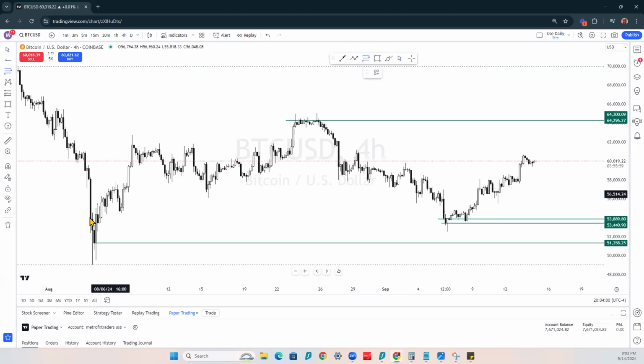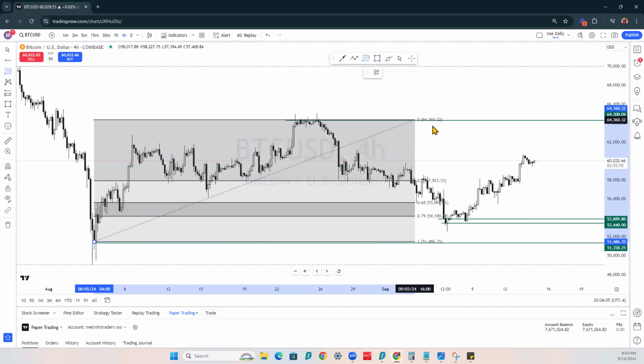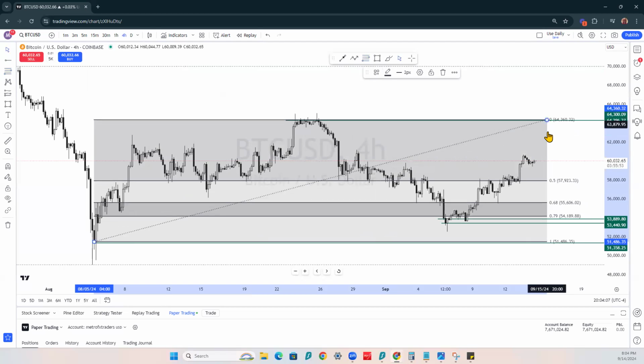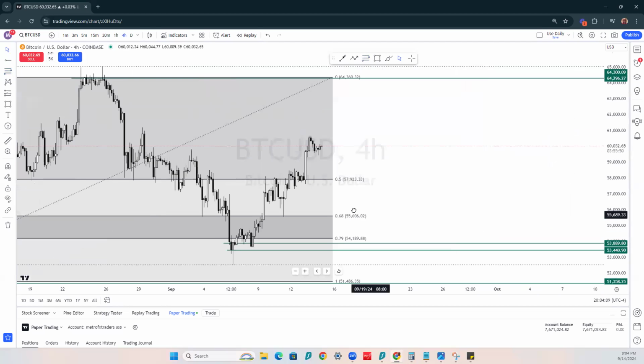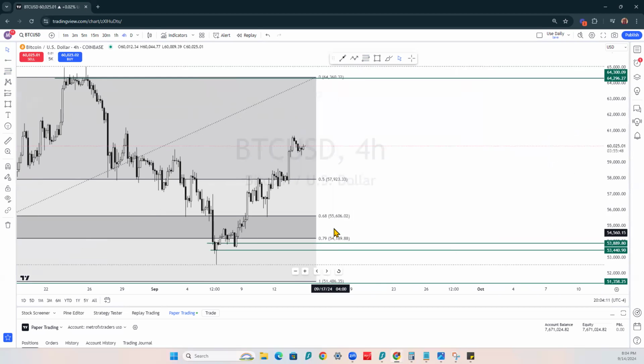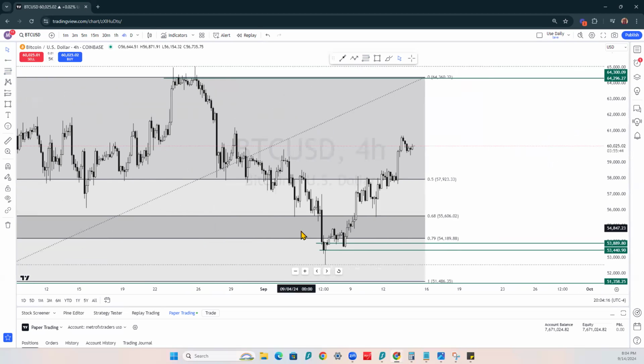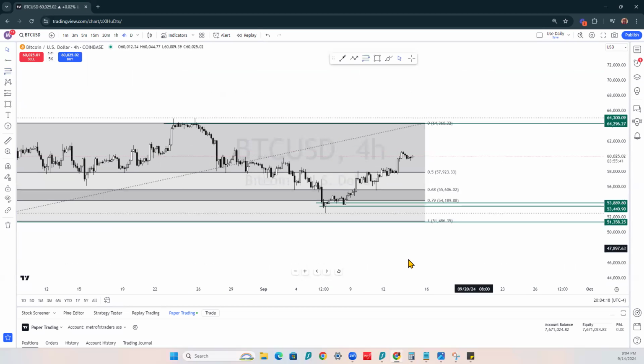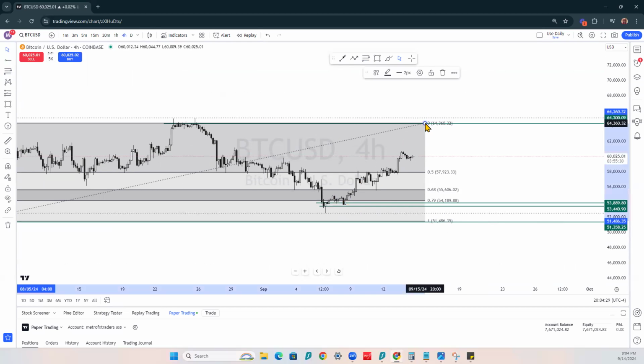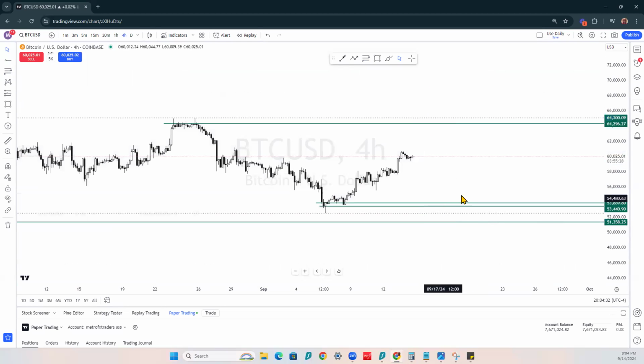Even if we take our Fibonacci tool, take from the bottom to the top, you'll notice it bounced off 0.79 over here. Okay. It really didn't go through it in order to go below that area. So once it bounced off that area, it continued its journey going higher, right? All right. So that's a great way to use the Fibonacci tool.